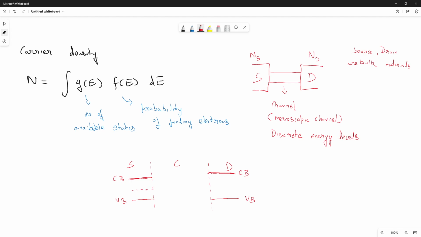If you want to know that, maybe post a question on the discussion forums and I will answer it at a later point. But it is not directly relevant for our course. So, in materials in general, at 0 Kelvin, if all the electrons are in the valence band and the conduction band is completely empty, then the Fermi level will be in the middle of the band gap. You can take that as a rule.